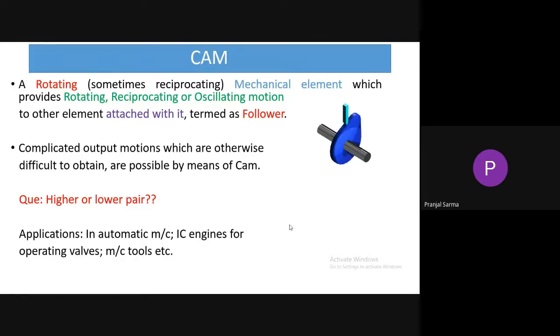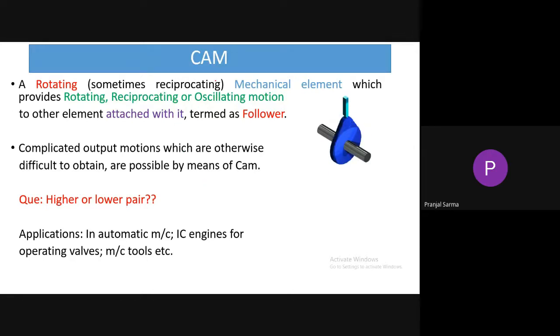As the name itself suggests, there are two basic words. One is the cam, the other one is the follower. So in that particular mechanism, we'll mainly be having two things. One we call the cam, and there is the follower, and there will be a certain guide which is going to guide the motion of that particular follower.